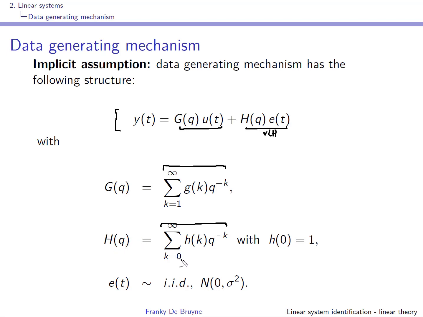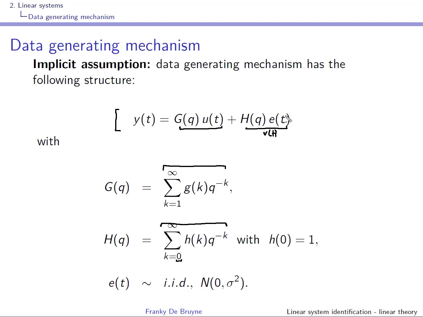Here k ranges from 0 to infinity, so there is really a feedthrough. So y(t) is directly influenced by e(t), and this direct influence is actually h0, and we say that it is 1. So this is the normalization, and this makes sure that H(q) is a monic transfer function, right?